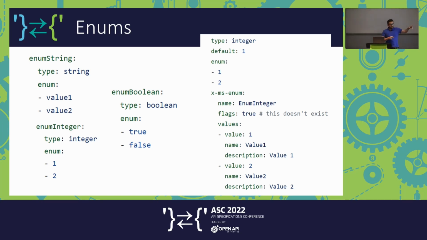Now, what's missing in that extension is the flags support, where in some languages there is a notion of flaggable enums. If you're looking at regexes, for example, you can say my regex is going to be compiled, my regex is going to be case insensitive, and you don't have an entry to say compiled and case insensitive.